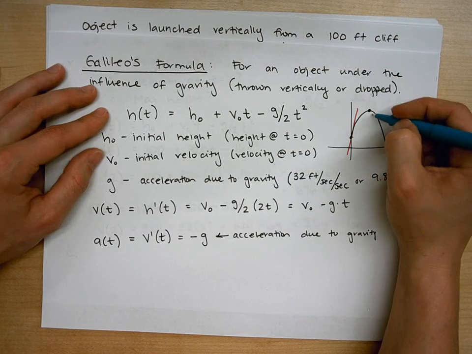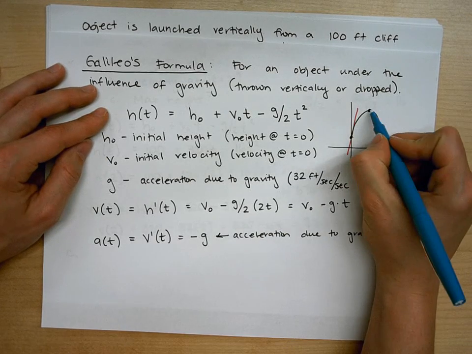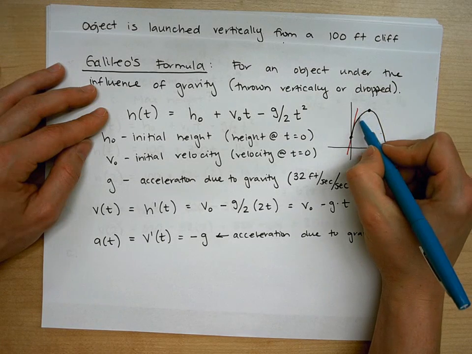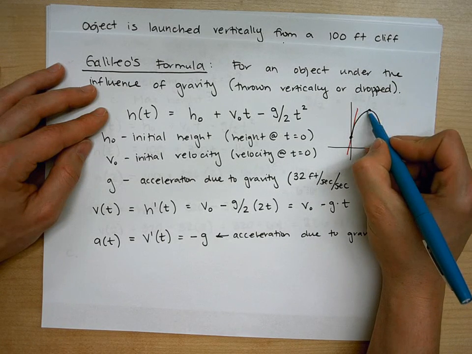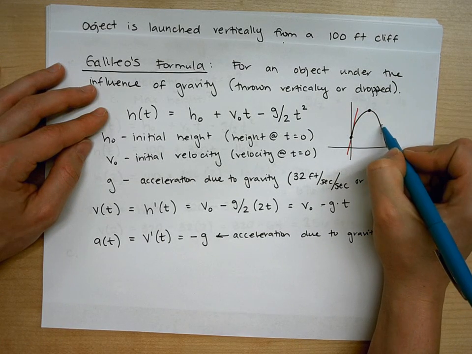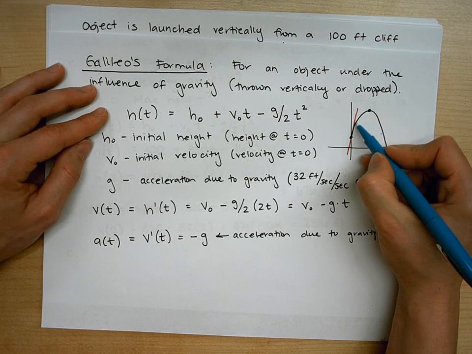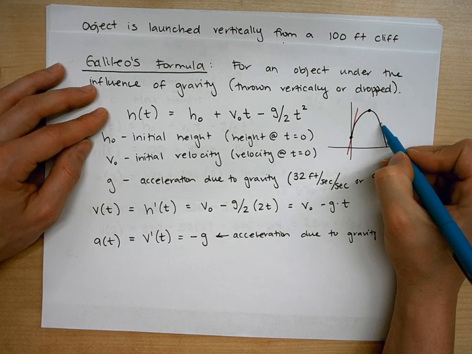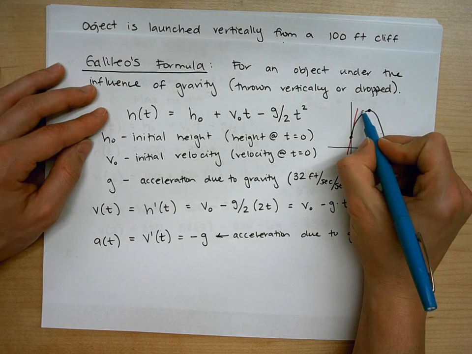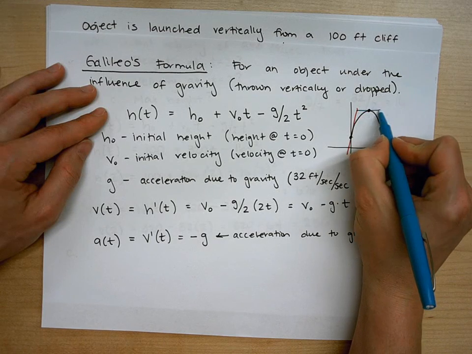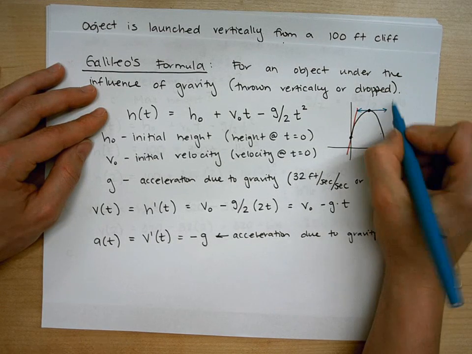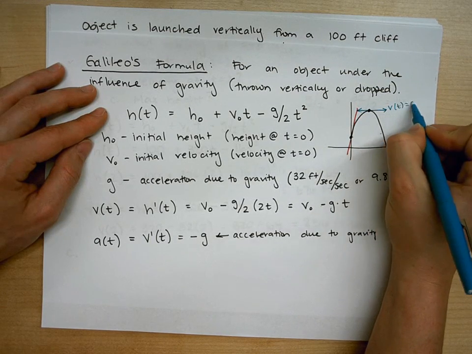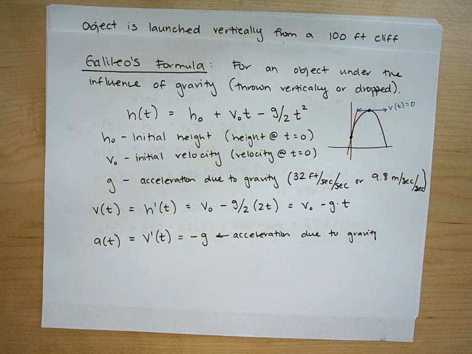But one thing that I'm noticing is that at this point, this is when the object changes from having positive velocity to negative velocity, right? Because at first it's going up and then it changes to going down. So at that moment in time, and we can also see this visually, the velocity here is 0. The velocity is 0 at that maximum point.